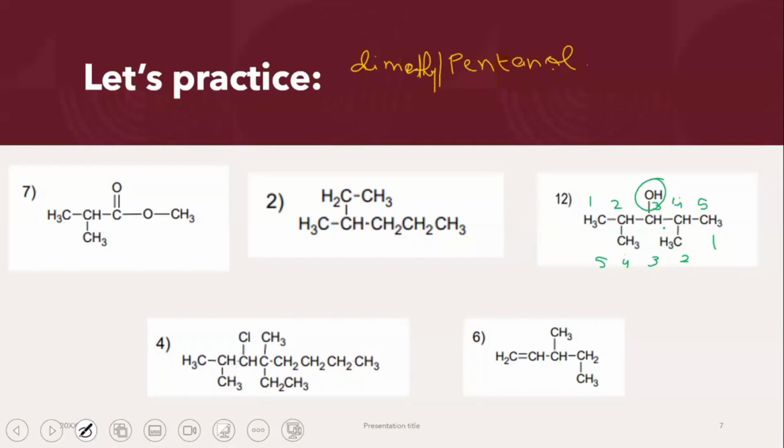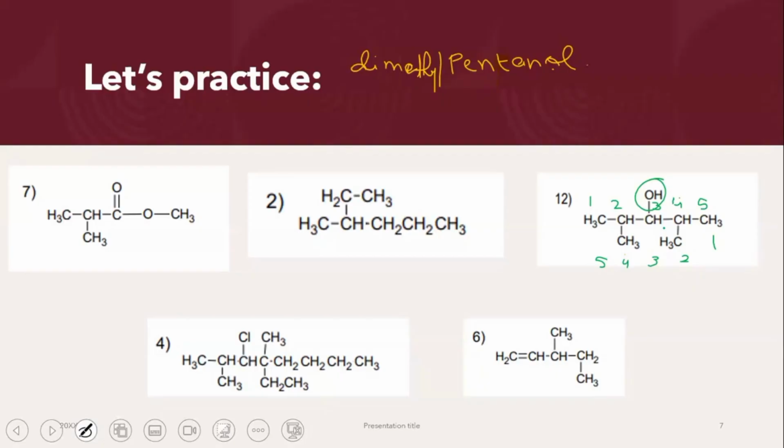If you count from the right side and you're getting the smallest number, count from the right side for all the groups, for all the side chains. You're not going to count again and again for all of the methyl groups, for all of the OH group. No. What you're going to do is choose either the right side or the left side. Pick one and only use that for all of the groups.